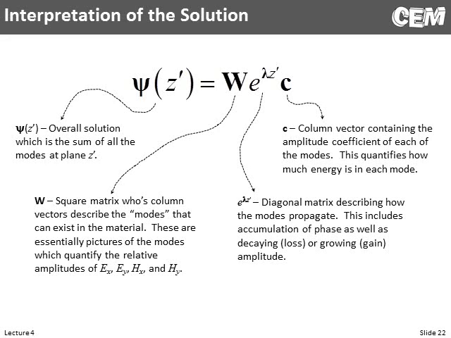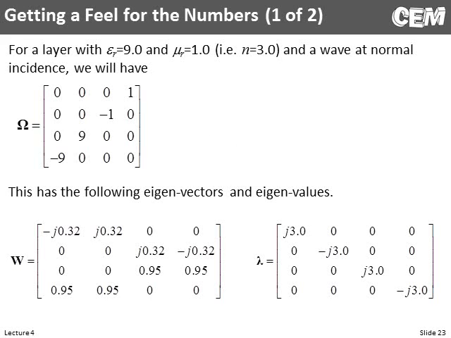All right. So now we're going to try to get a feel for the numbers. So here's an example. If we choose a slab of material with dielectric constant 9, we will ignore the magnetic response. So permeability will be 1. Dielectric constant is 9, which means it has a refractive index of 3. And the wave's at normal incidence.